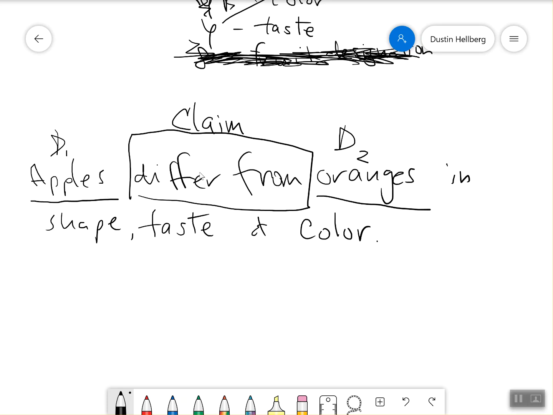Apples and oranges are different from one another in shape, taste, and color. In terms of shape, taste, and color, oranges differ from apples. Apples, compared to oranges, are different in shape, taste, and color. In color, taste, shape. In taste, shape, color. Doesn't matter. The constituent points in the thesis statement itself never change.